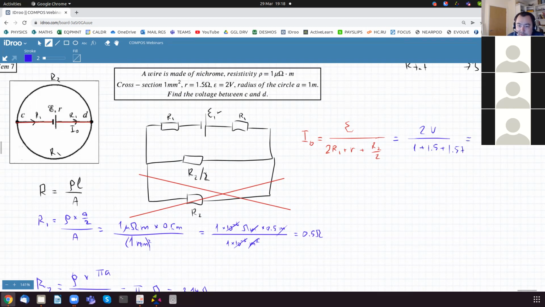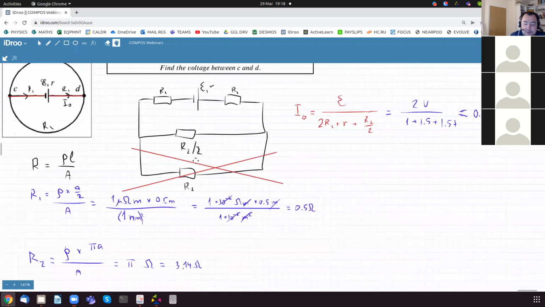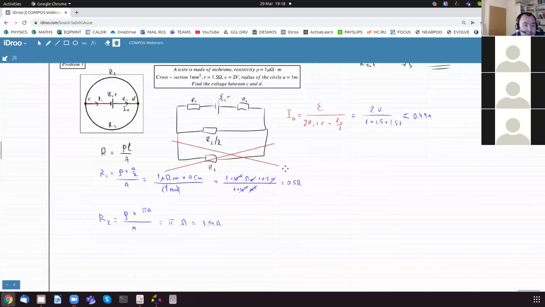And that is roughly 2 divided by 4, which is 0.49 amps. Okay, and now we need to find the voltage between C and D.